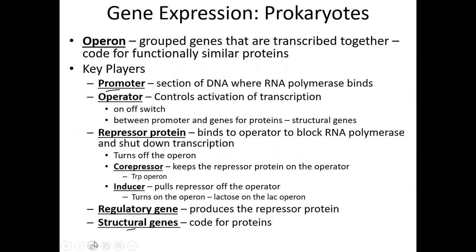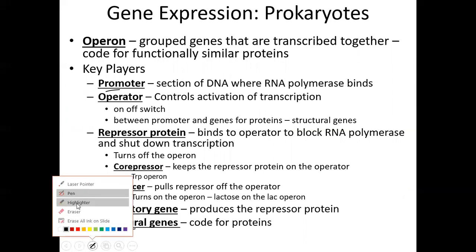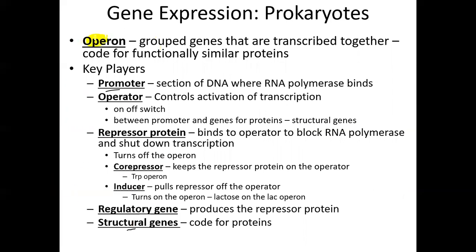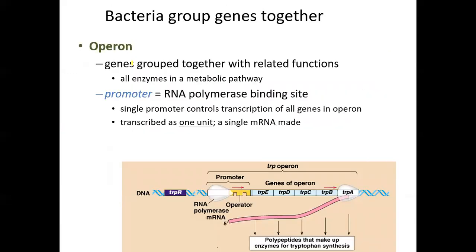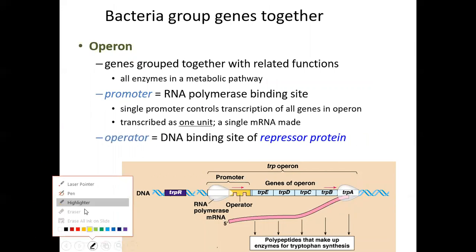Before we dive really deep into this, let's at least remind ourselves what an operon is. It's a group of genes that are transcribed together, and they code for functionally similar proteins, meaning they're all going to be associated with doing the same job. That's what operons are. And before I go on, let me emphasize one thing.